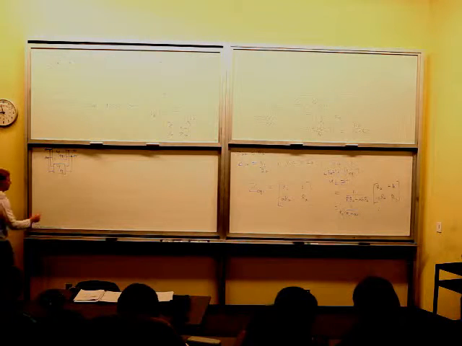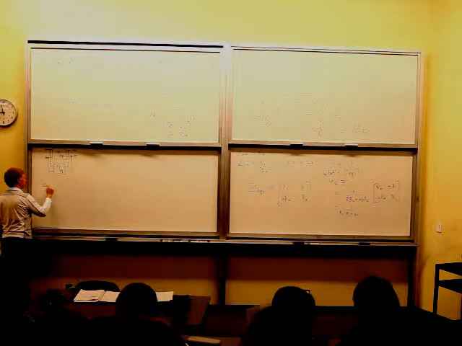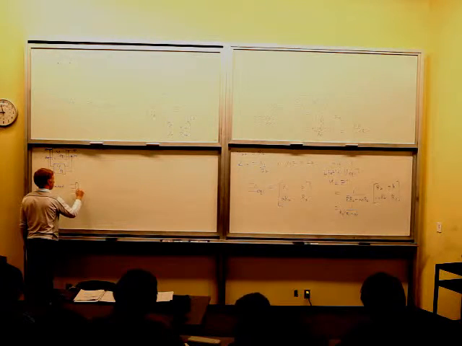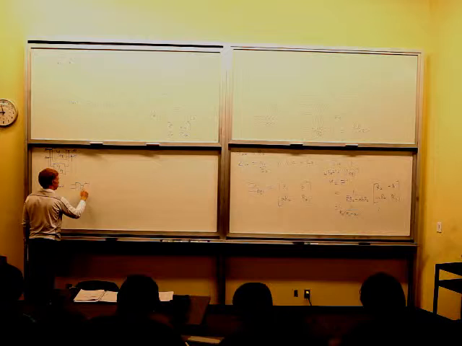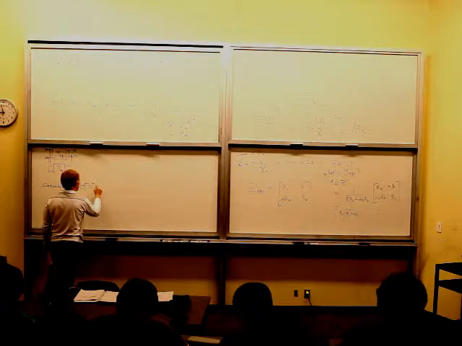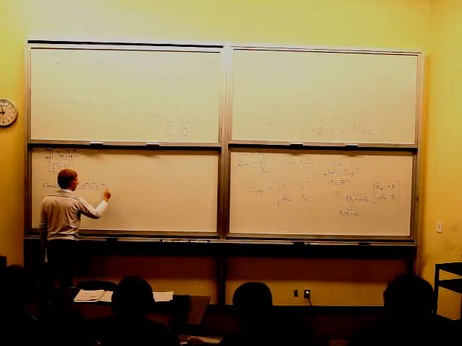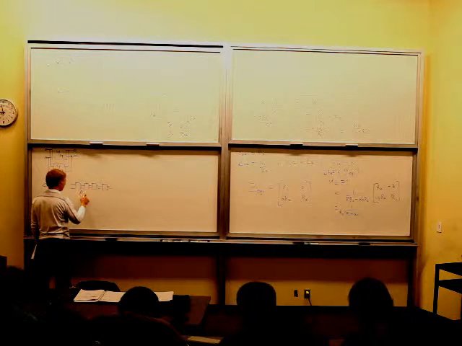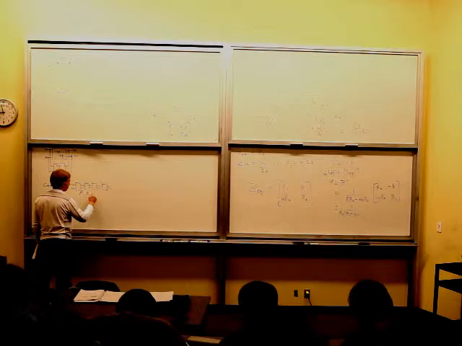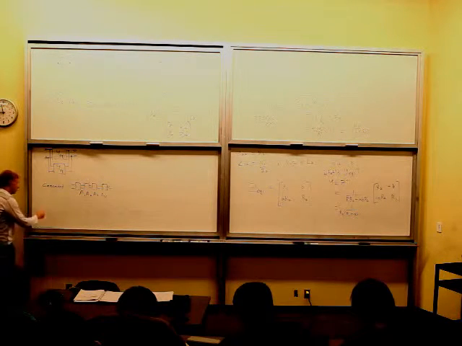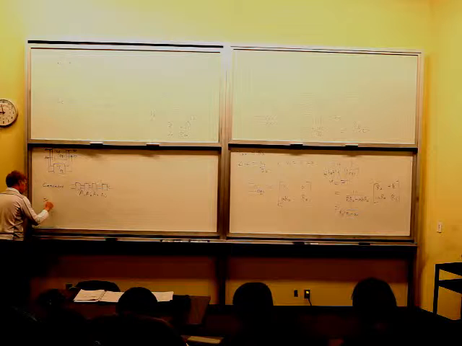Here's a cascaded connection. Cascaded looks like this. Those are cascaded, and that's when we use A matrices, and we multiply A1 times A2 times A3 times A4. A series connection looks like this.